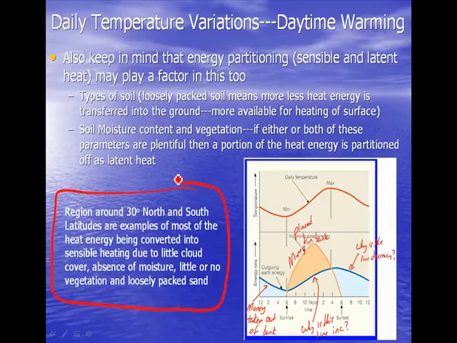So that's one of the reasons why, although the sun is directly overhead at 23.5 degrees north and south latitude, depending upon the season that you're in, at 30 degrees north, there's really not a whole lot of partitioning of the energy. In other words, most of the energy is being used to heat the Earth's surface. And so that's the reason why we have 30 degrees north being some of the warmest areas.